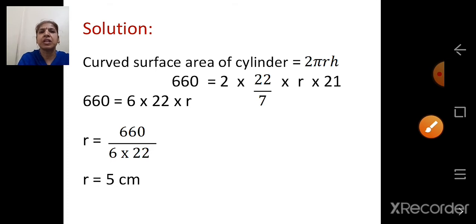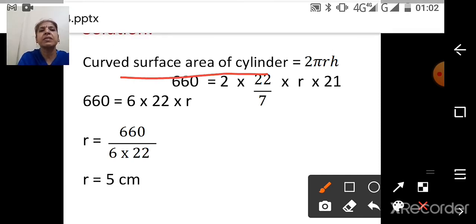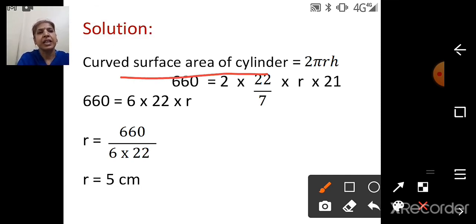So solution. Now which area is given? Curved surface area of cylinder is given. And what is the formula of curved surface area of cylinder? Yes, it is 2 pi r h. Then substitute the values. Curved surface area is given, 660 is equal to 2 into, now here the value of pi, 22 upon 7, into r into 21.